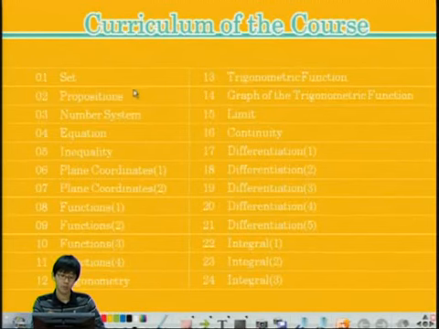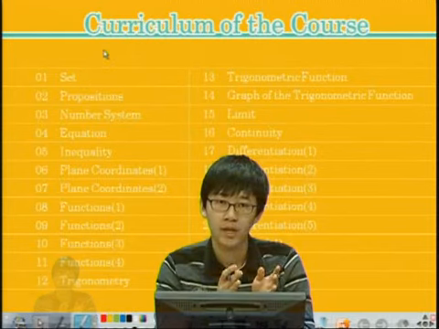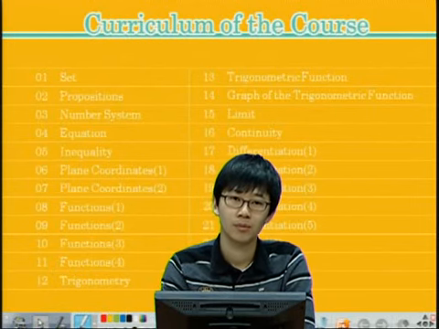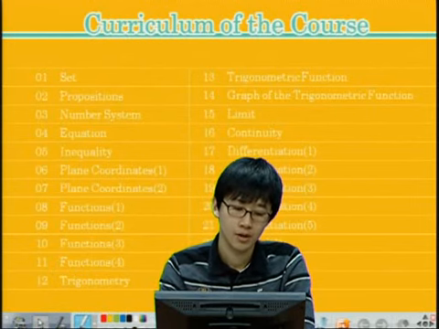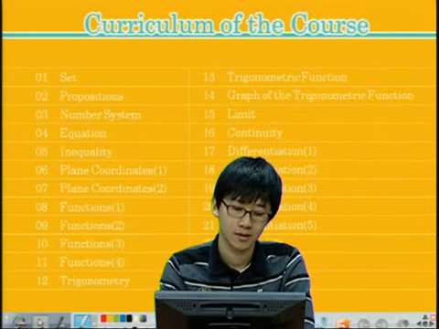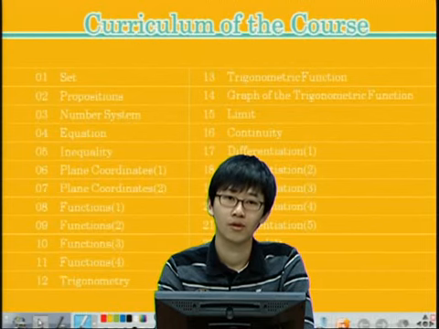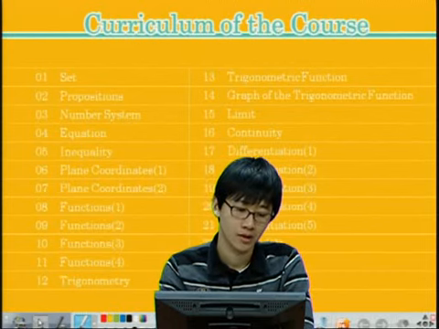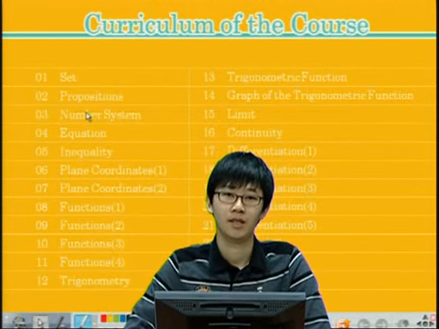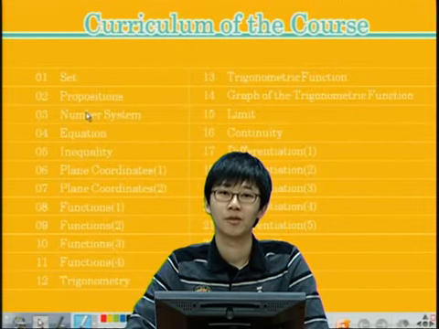Next chapter is propositions, and the first chapter was the set, and it was the grouping the mathematical groups, and the chapter 2 is propositions, which is kind of English math. It is not a calculating math, so you don't have to be freaked, and you can just listen to chapter 2 with easy mind. So chapter 1 is done.